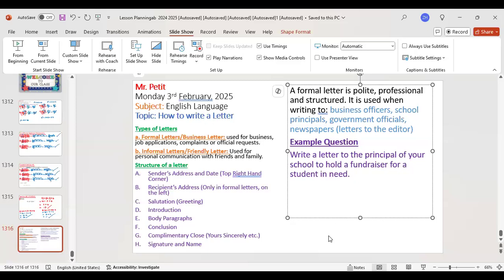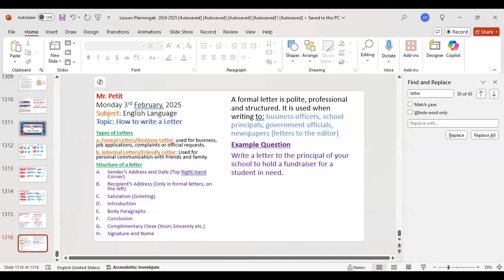Y'all got this right before I move this, please? Let me know. Good.